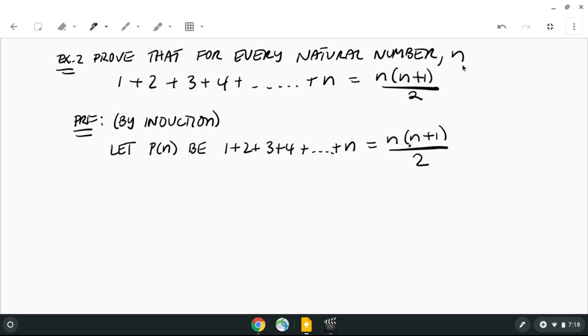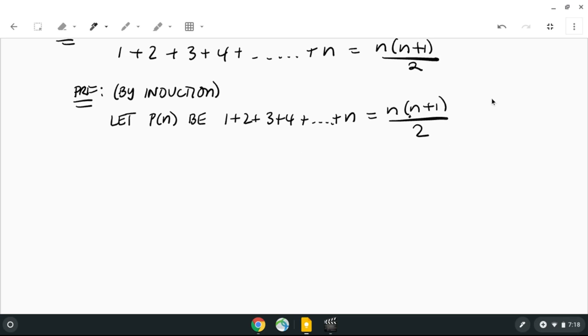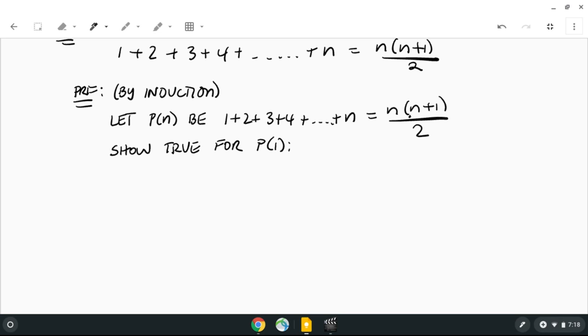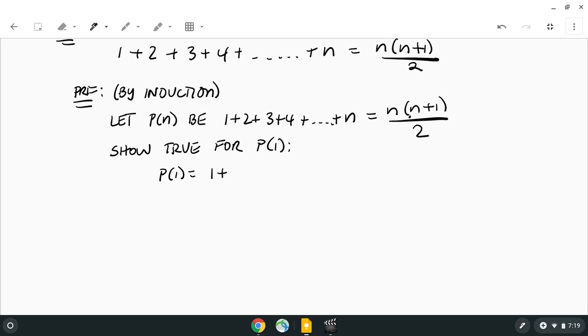Now we're going to show that it's true for P of 1. P of 1 is 1 plus nothing because it's only the first term, so P of 1 equals 1. Let's show that that is equal to 1 times 1 plus 1 over 2.